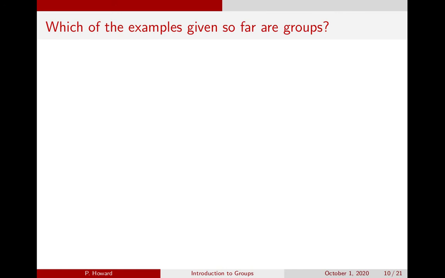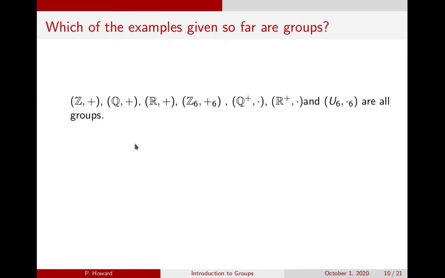Okay, so why don't we look at a few examples. Which of the examples that we have looked at so far in the course are groups? Well, the integers with addition, the irrationals with addition, the reals with addition, Z6 with the operation plus sub 6 are all three groups.